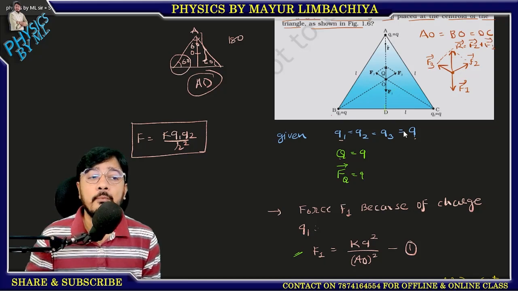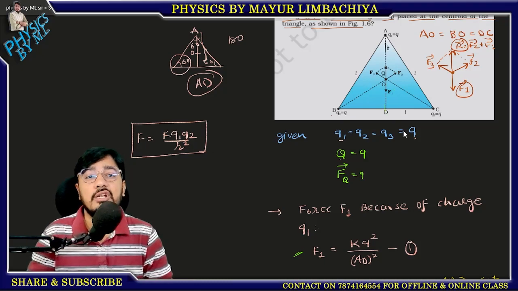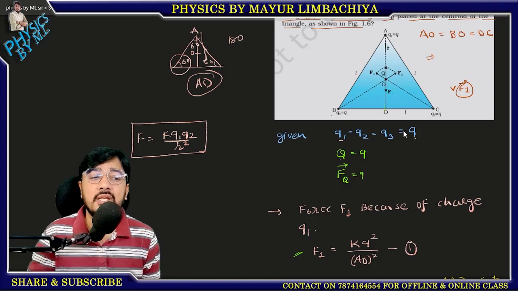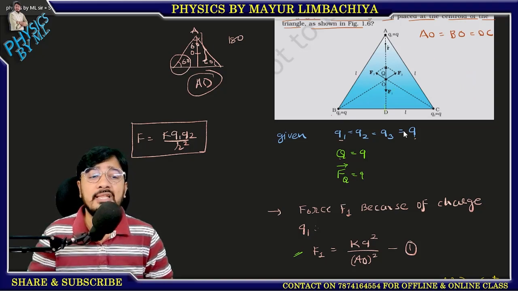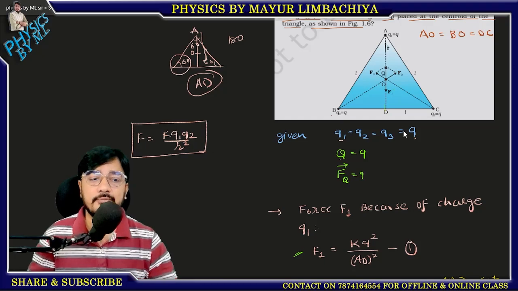So with the help of this R, now I can find the total force. So what should be my first step? My first step should be to use the parallelogram method between F2 and F3. Fine.